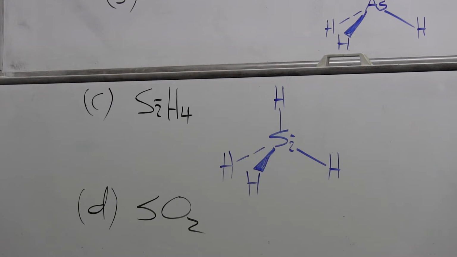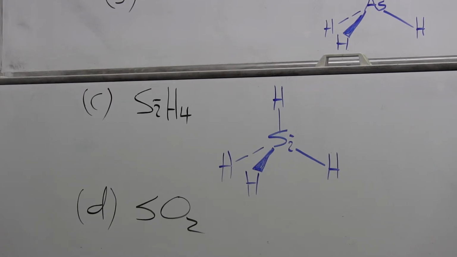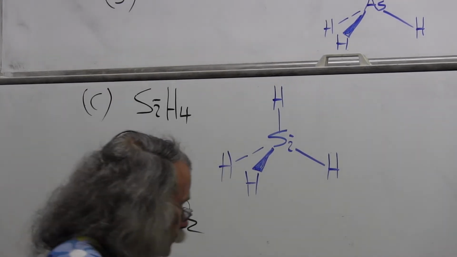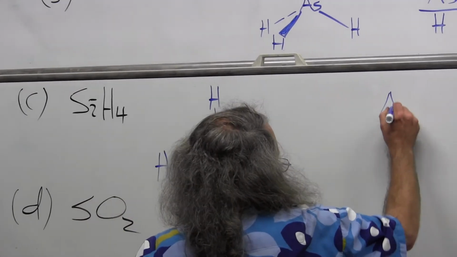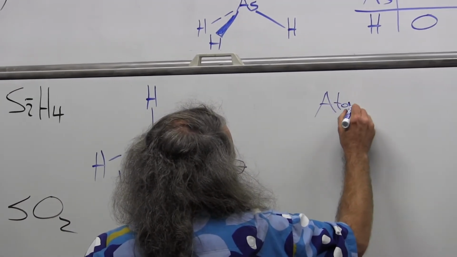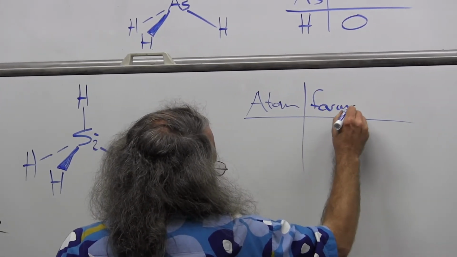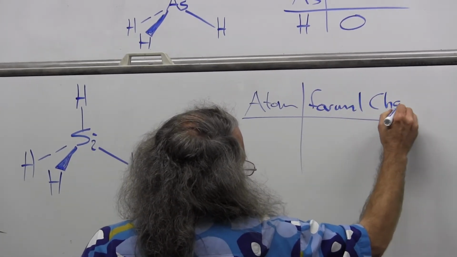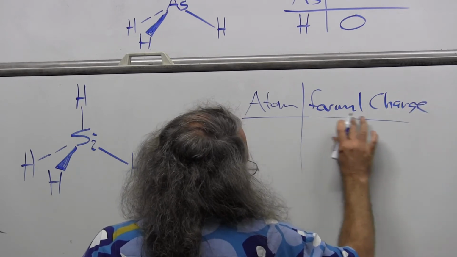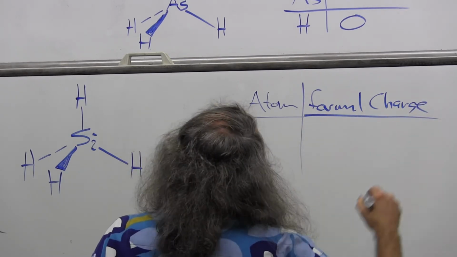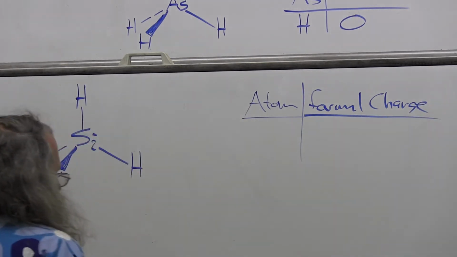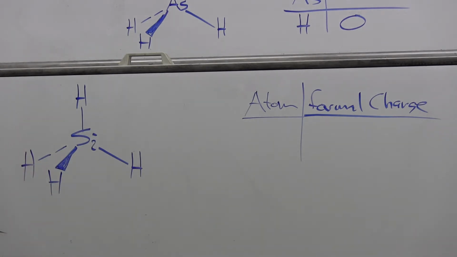And now I have to determine what the formal charge is. So I'll do my little table. The atom and the formal charge. Now I've got silicon.